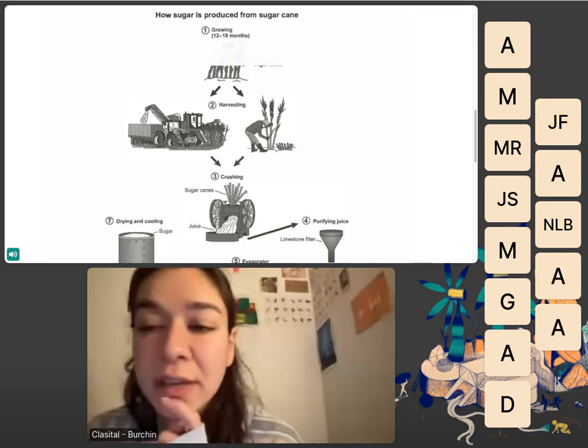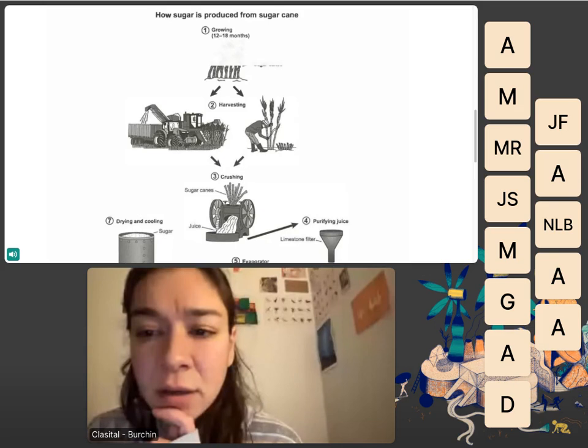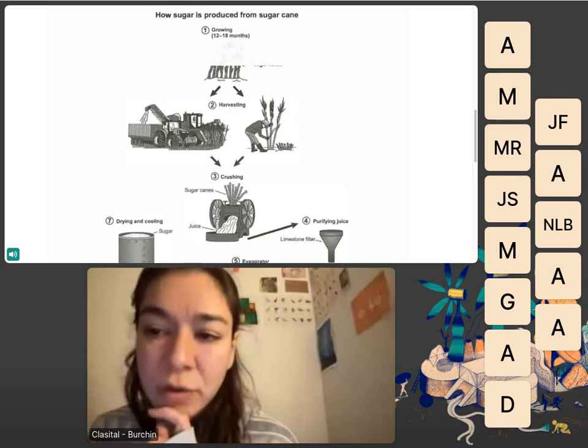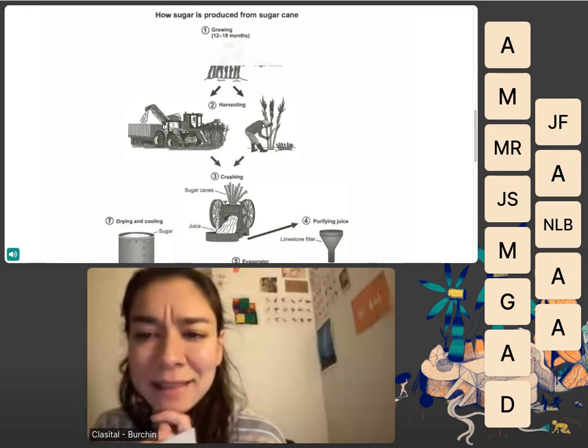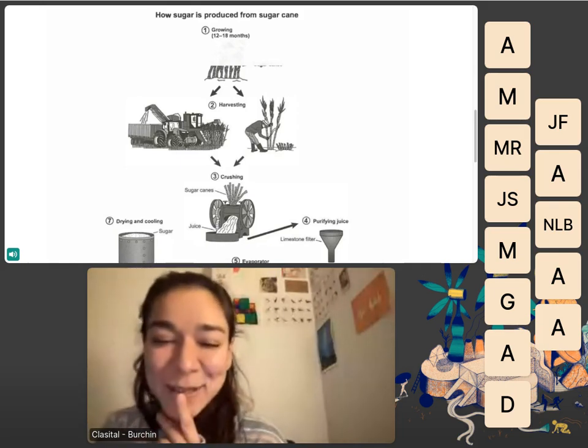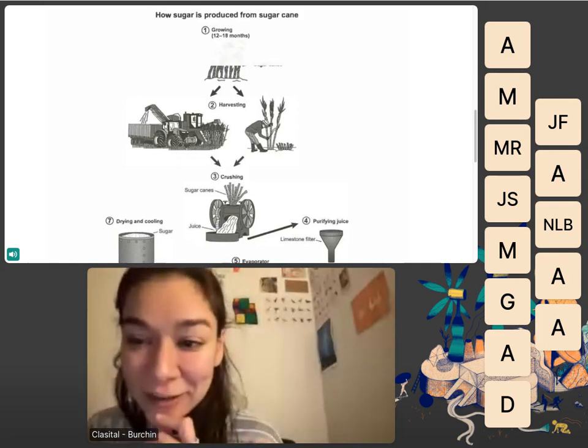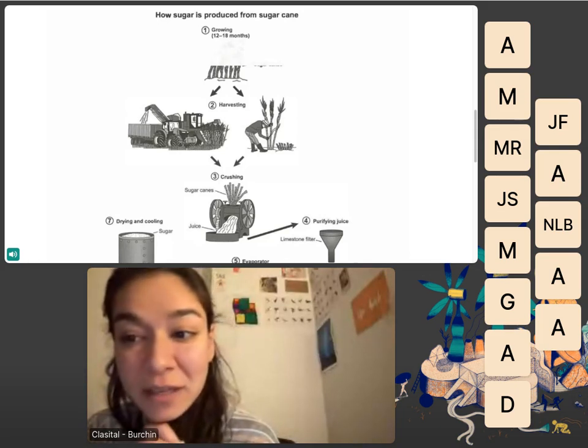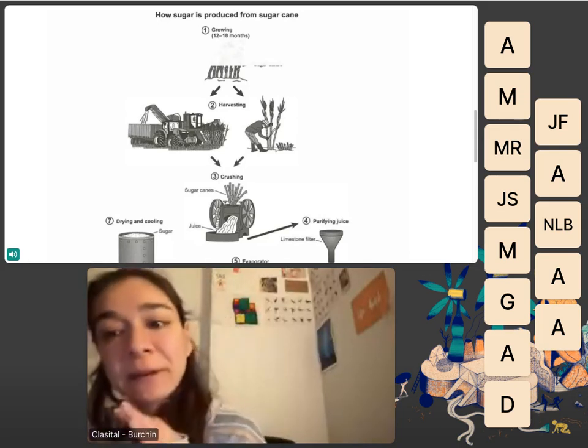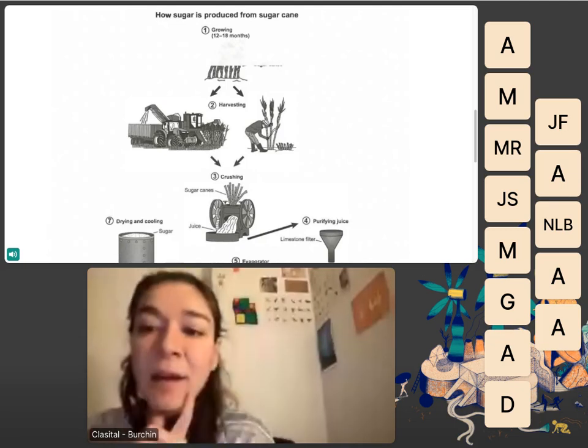Mahesh says, firstly, we have to grow sugar cane at least 12 to 18 months. After that, there are two techniques of harvesting: by using machine or cutting manually.